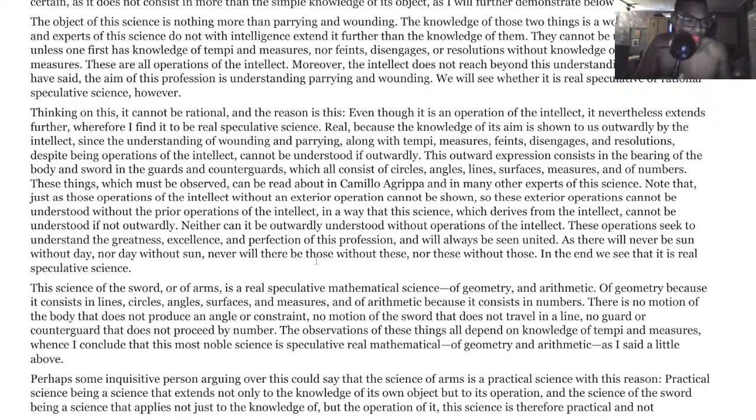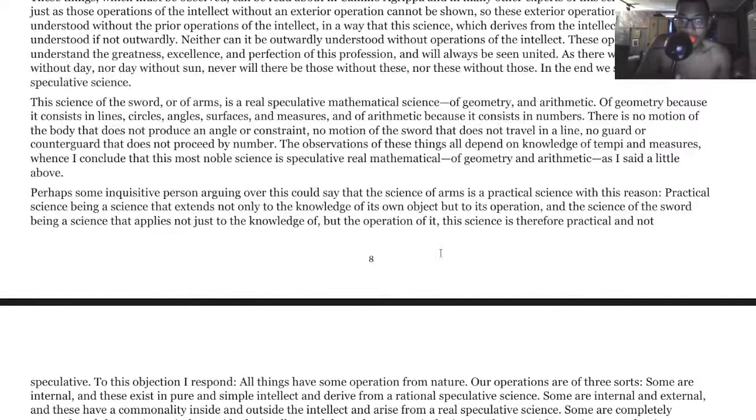In the end, we see that it is a real speculative science. The science of the sword or of arms is a real speculative mathematical science, of geometry and arithmetic, and this holds true even in modern day.